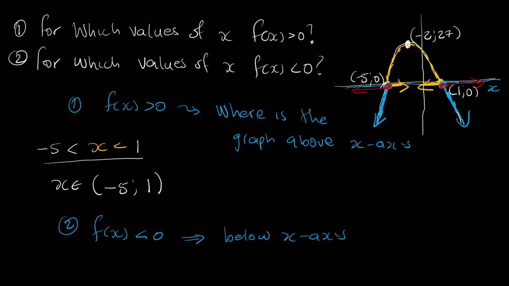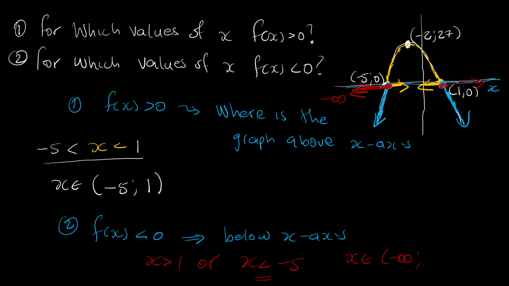So to answer this, x must be greater than that 1, or it must be less than -5. So x must be less than -5. And another notation that we can use, someone can prefer to say x must be an element of, we always start with the small one, so we're going to start from -infinity because it is approaching -infinity.